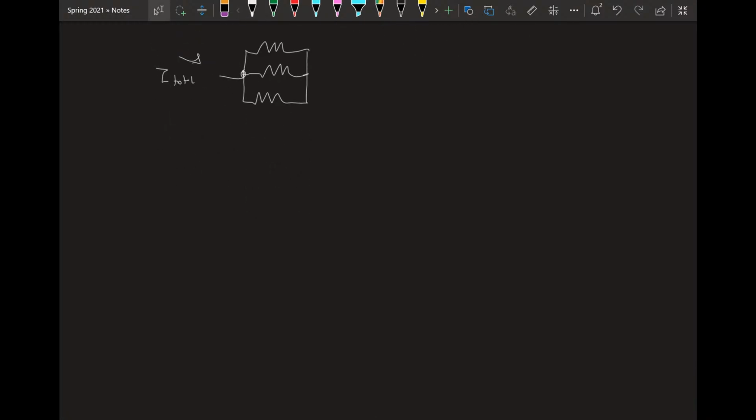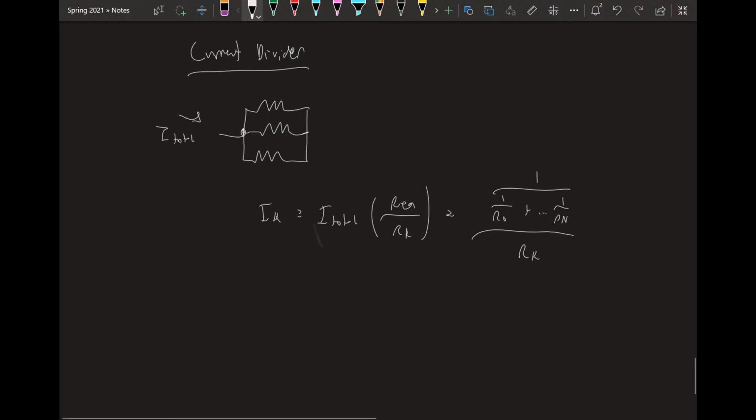And to find the current through any branch, we can say that the current through, say, branch K is going to equal I total coming in times R equivalent over RK, because more current will go where there is less resistance. And so this is going to equal 1 over R1 plus ... plus 1 over Rn, and then times R over RK, which is the resistance we're trying to find the current through. So this is in general, right?